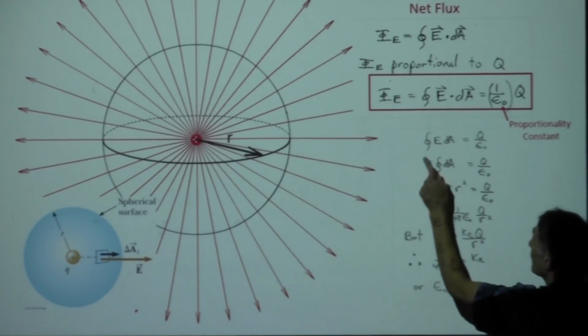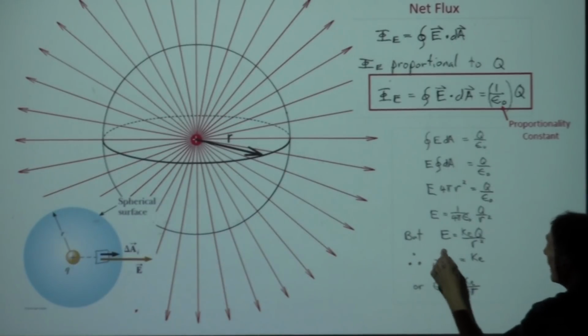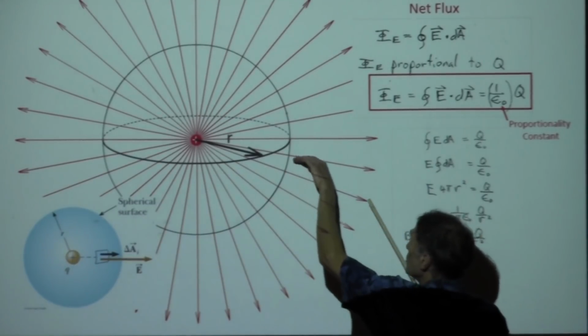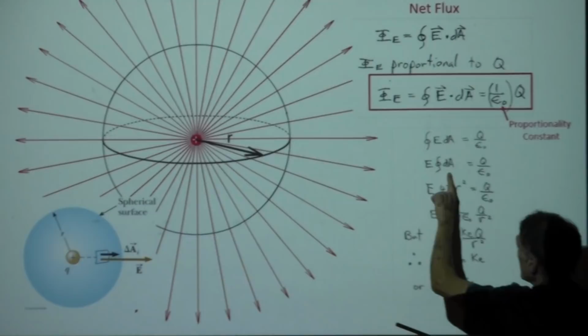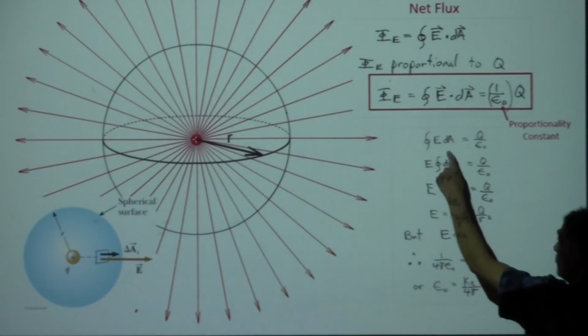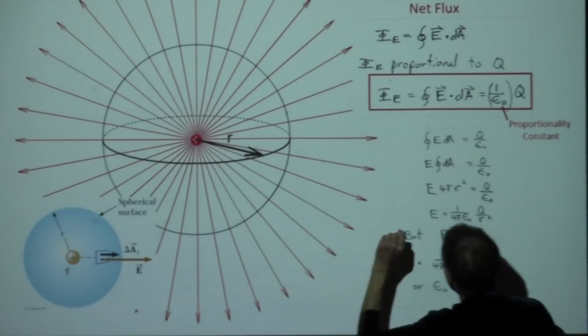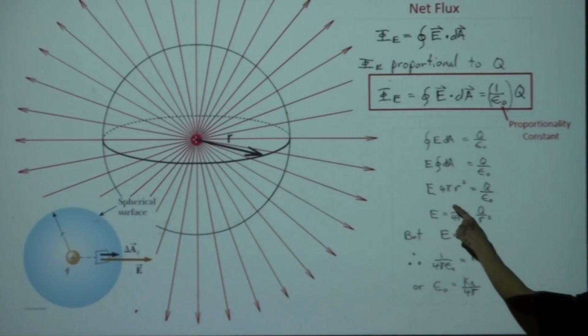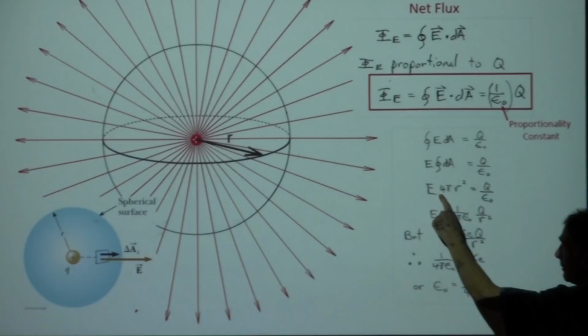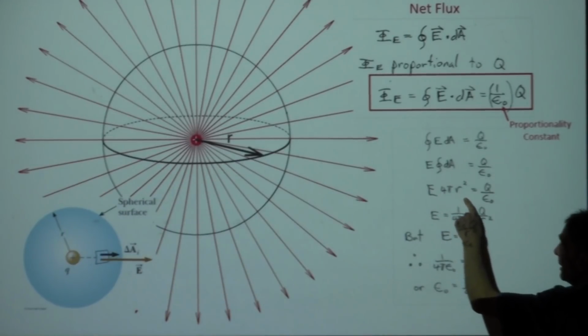In this case, we can get rid of the dot product. E should be the same magnitude all the way around that sphere, so I can factor that out. And then we integrate all our little dAs, and rather than actually go through that process mathematically, I already know the area of a sphere, 4 pi r squared.